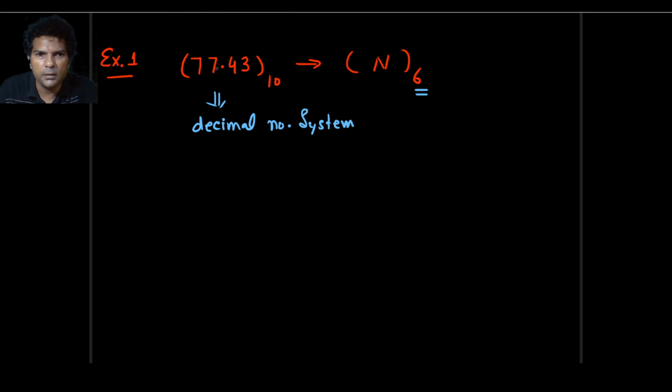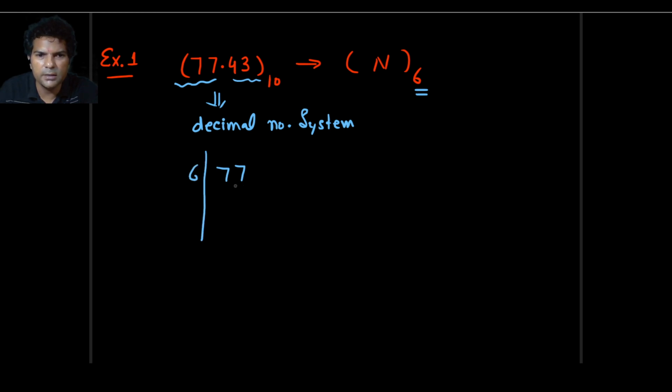Here on the left hand side there are two parts. First is the integer part, and the right hand side part is the fractional part. You do successive division by this base 6 for the integer part, and successive multiplication by this base for the fractional part.